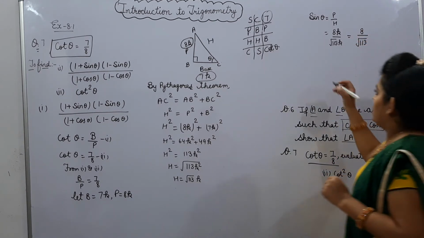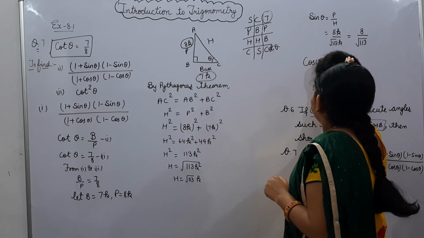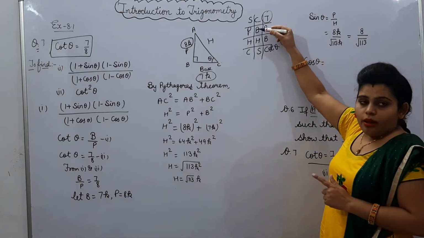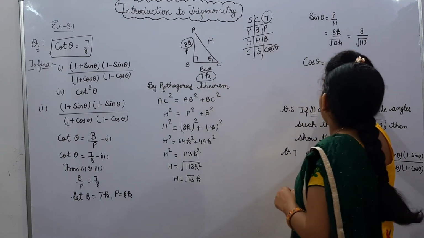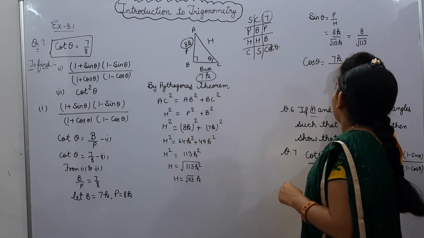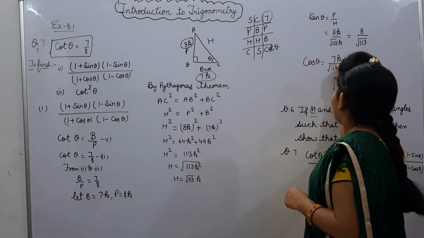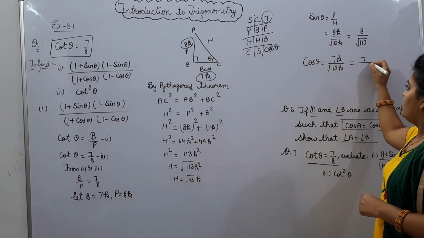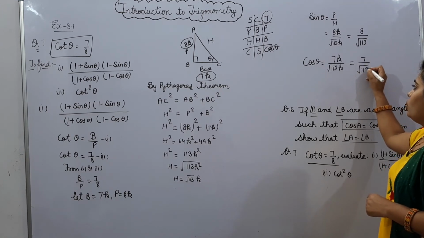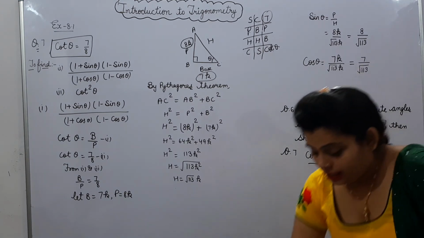Now cos θ is base upon hypotenuse, and here base is 7k divided by √113 k. K cancels out, and it is equal to 7 by root 113.